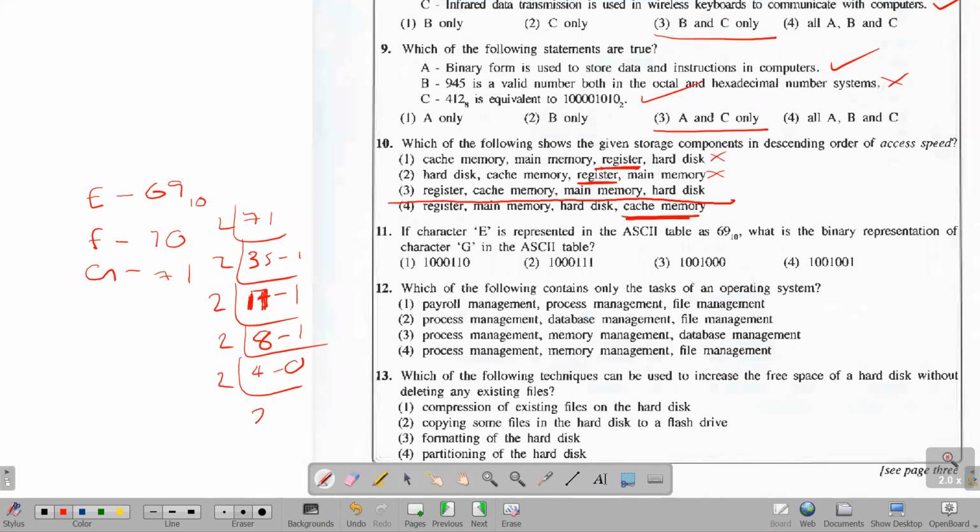This will give you 2 and 0 is remaining. This will be 1 and 1 is remaining. So it's going to be 1 1 0 0 1 1 1. Do we have that? Yes, we do. Do we have 3 zeros? Did I miss it? 35, 1 is remaining; 17, 1 is remaining; 8, 1 is remaining; 4, 0; 2, 0; 1 and 1. Of course.